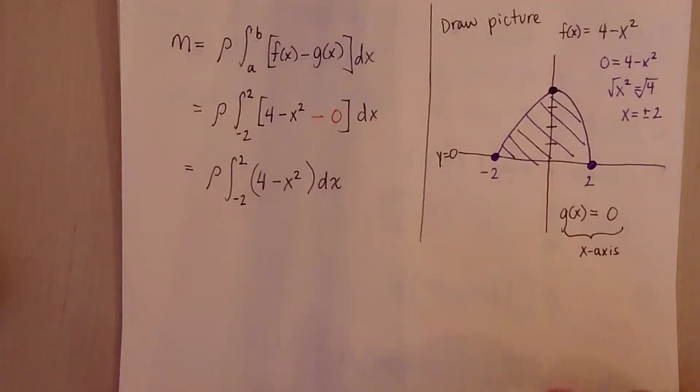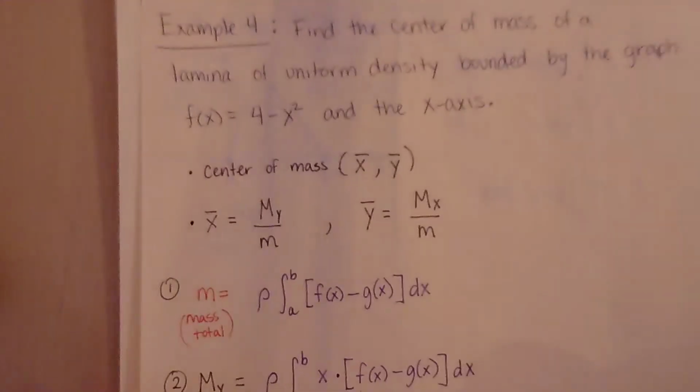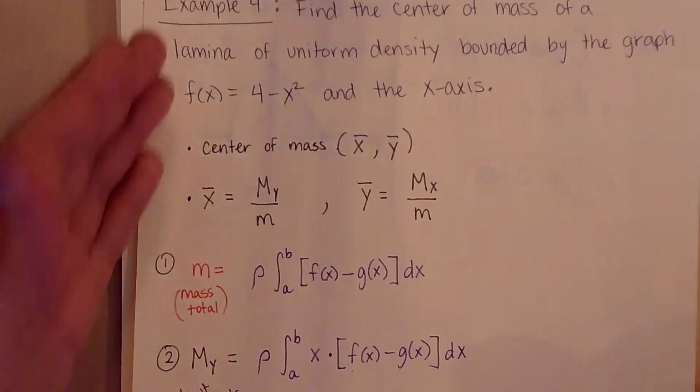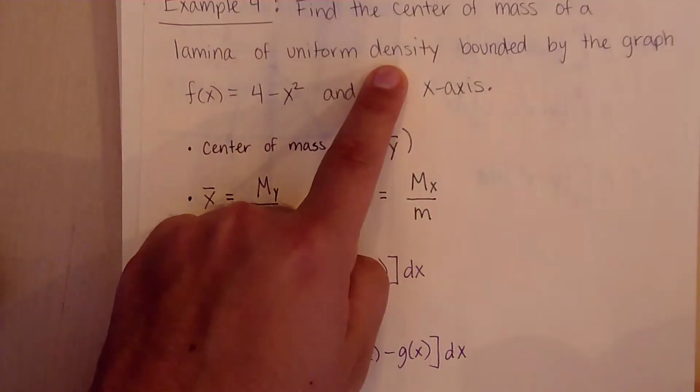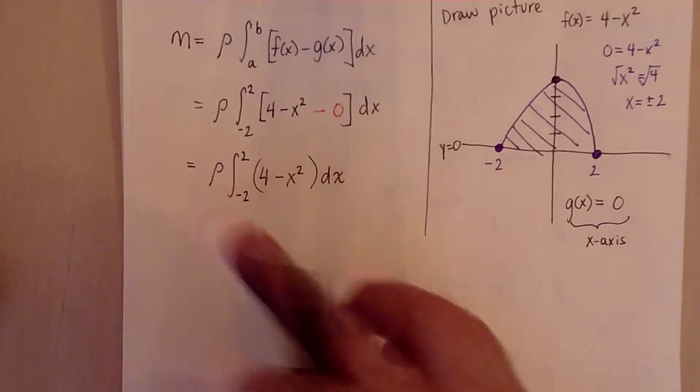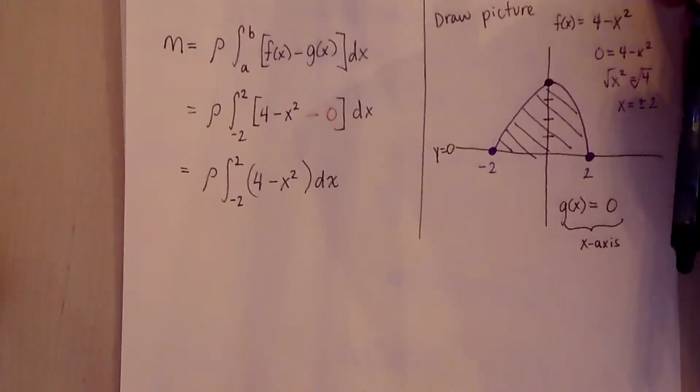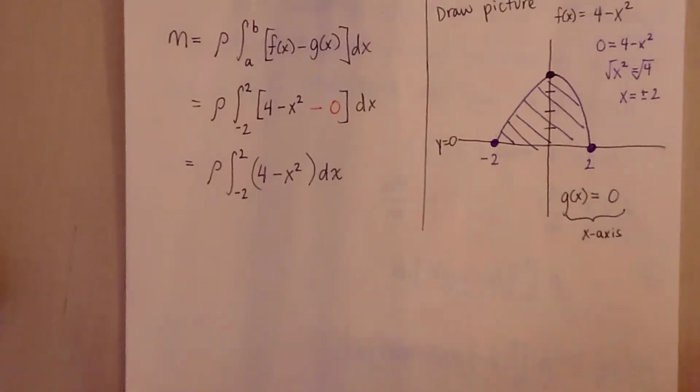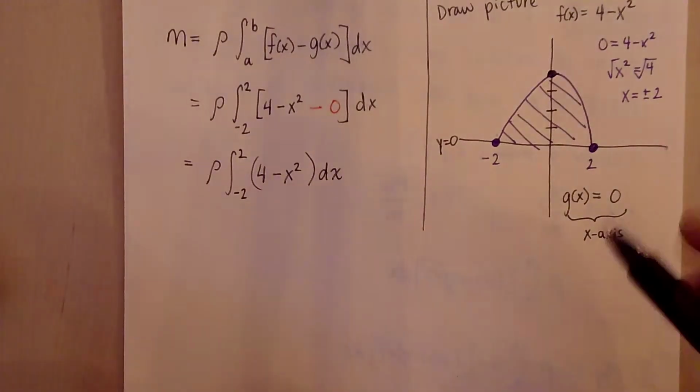Now, the instructions for this problem also didn't give us a density. It just says uniform density. Okay, so we don't know what rho is, but we know that that's going to be uniform or constant density. So we can just think of that as some sort of wacky constant that we have in front of our integral.